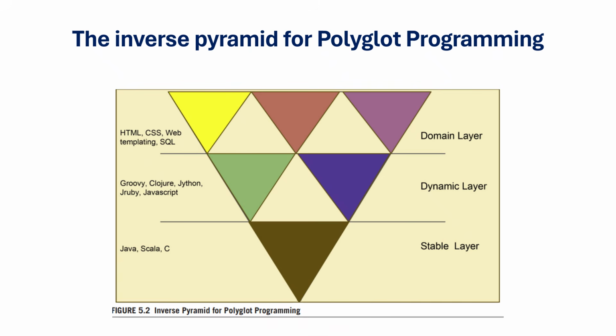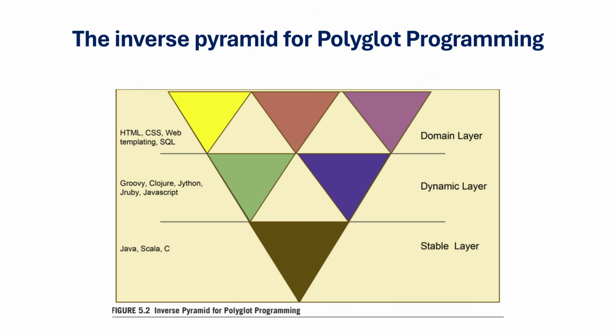This slide explains the picture related to polyglot programming, and the title of the picture is Inverse Pyramid for Polyglot Programming. Usually a pyramid narrows towards the top, but here it is the inverse of the pyramid.